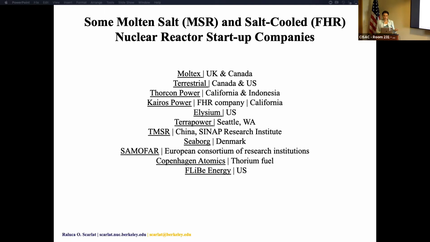In the case of a salt-cooled reactor, the fuel and the fission products and the transuranics are retained within solid fuel elements for the entire operation of the reactor. And the salt serves as a coolant to those solid fuel elements.